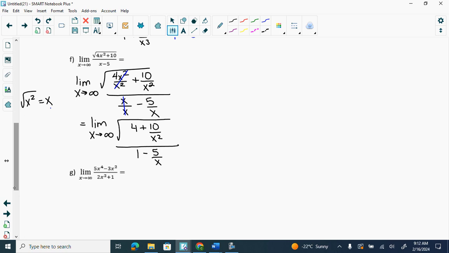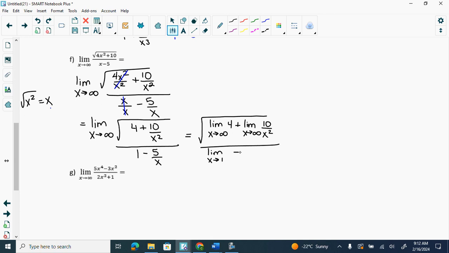So if I wanted to write this out in single limits with limit laws, I could go like this. The square root of the limit as x approaches infinity of 4 plus the limit as x approaches infinity of 10 over x squared over the limit as x approaches infinity of 1 minus, and this I could actually pull the 5 out if I wanted to.